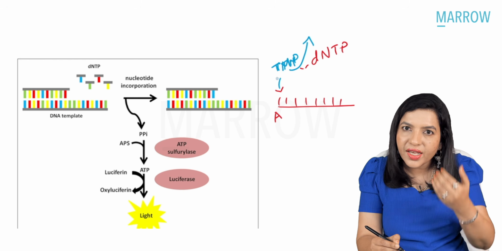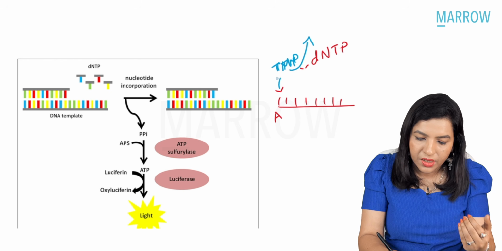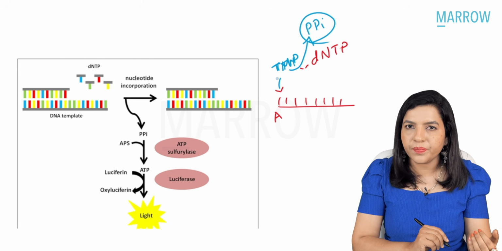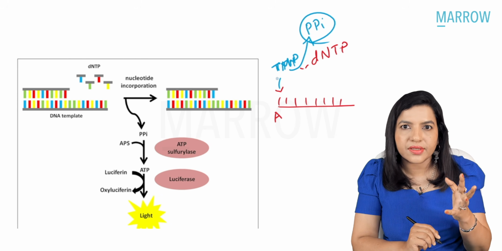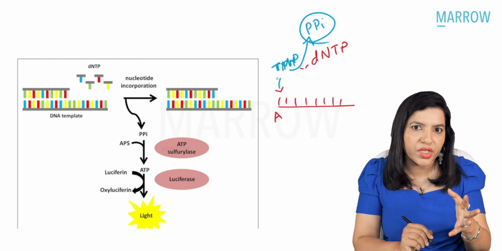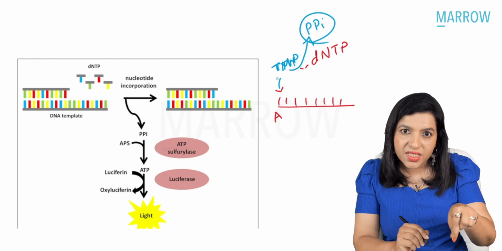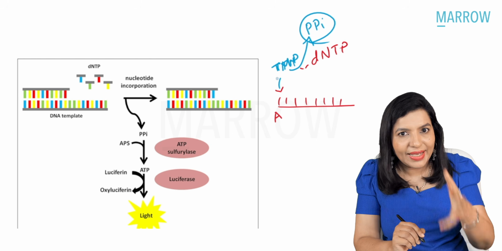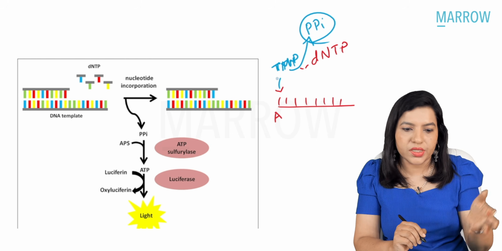So whenever hybridization takes place, a pyrophosphate is released like this. This is a basic thing that we should know about hybridization. This basic principle is used in a technique called pyrosequencing.